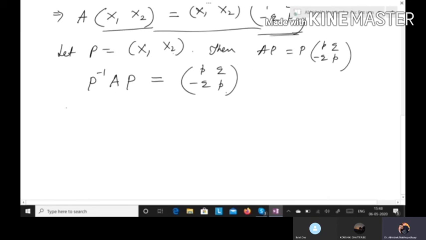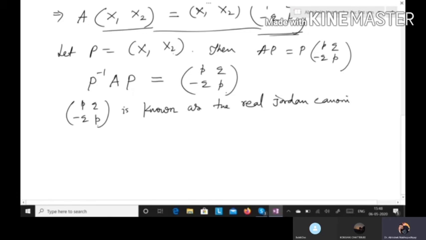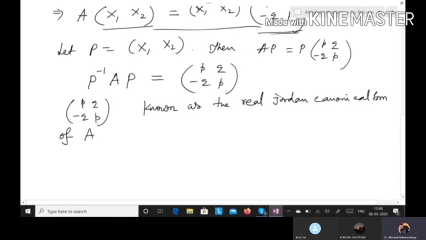Now this matrix (p q; minus q p) is known as the real Jordan canonical form of A. This P will be non-singular.